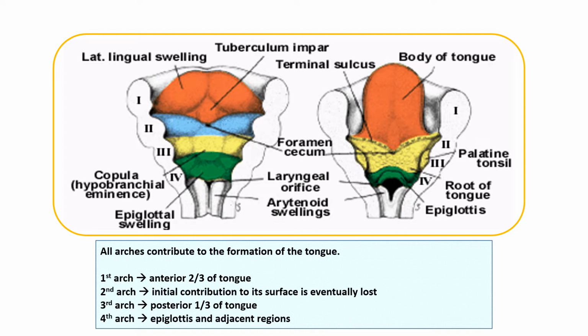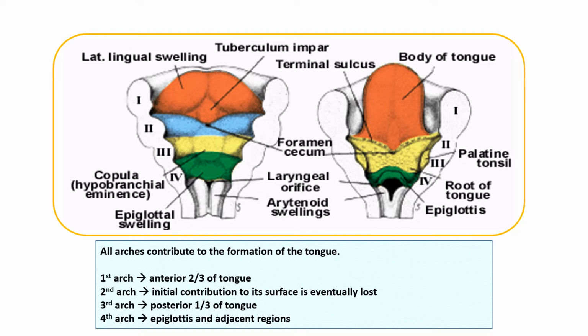can actually be observed on your own tongues as well. If you hold up a little mirror and have a look at your tongue, you will notice that the part where the two lateral lingual swellings came together and merged is indicated by the midline groove on your tongue itself. That's where the lateral lingual swellings fused.